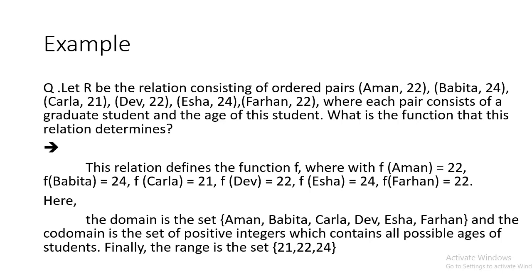So finally the range of this function is the set 21, 22 and 24. There is a repetition of the numbers 22 and 24, so we can take each as one.